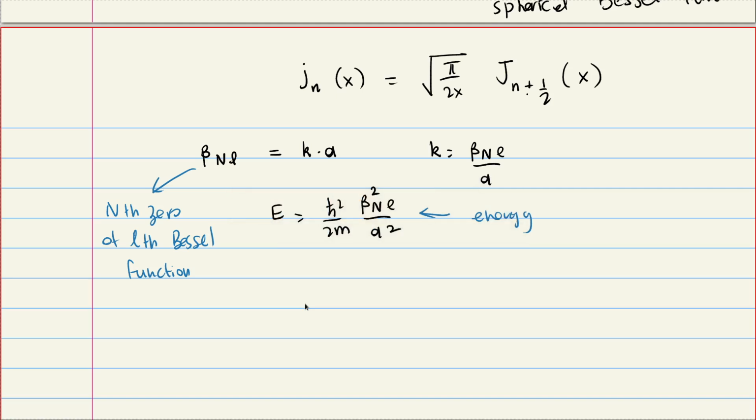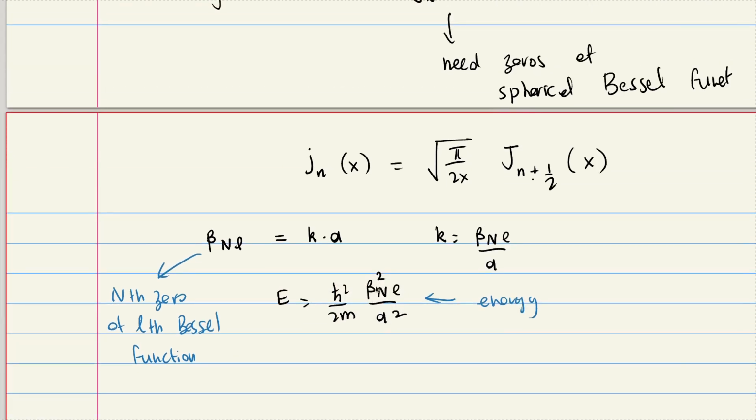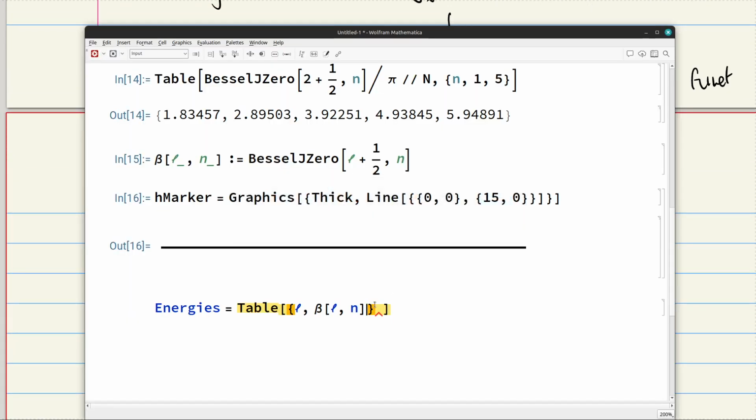But since energy is beta squared, I need to take the square of this thing. This is the square. And I also want to put this here, otherwise Mathematica does not want to calculate, which is not very important for you. So this is n. Let's not go crazy.